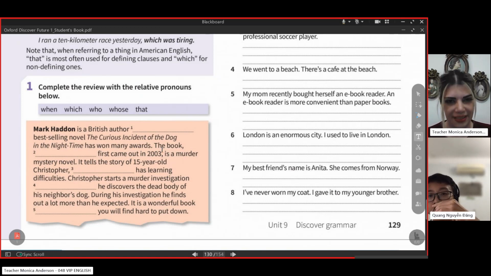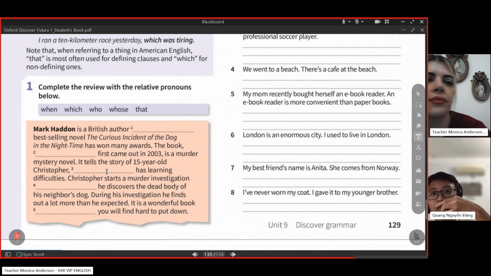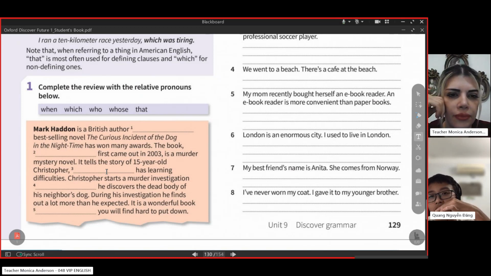The book, which first came out in 2003, is a murder mystery novel. It tells the story of 15-year-old Christopher, who has learning difficulties.